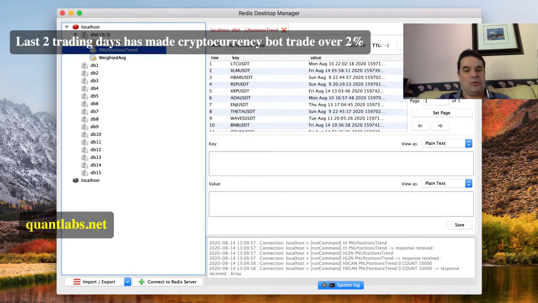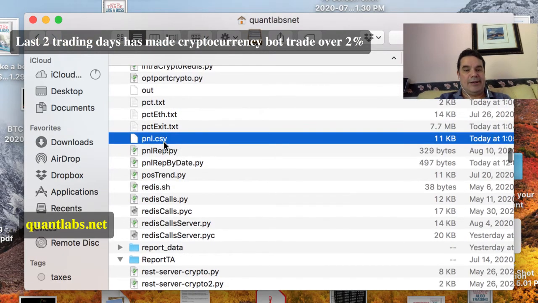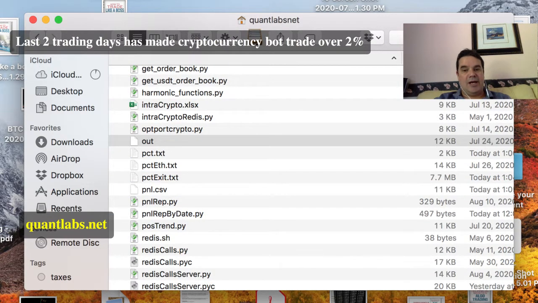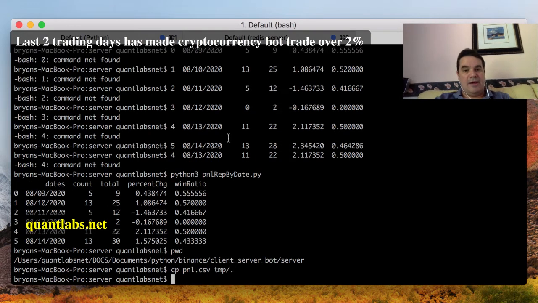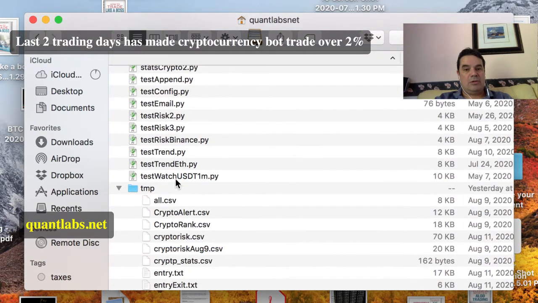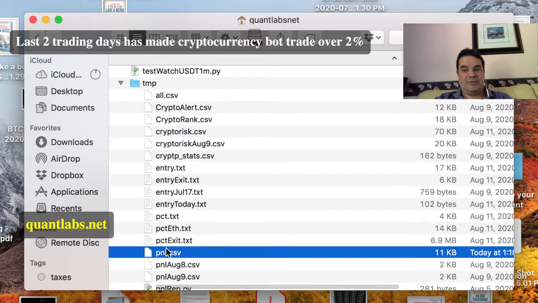So I'm going to show you that another way with the P&L log. The P&L CSV gets moved into my temp directory, and then we'll just move over that and check it out.